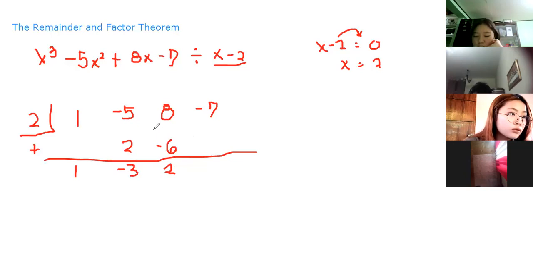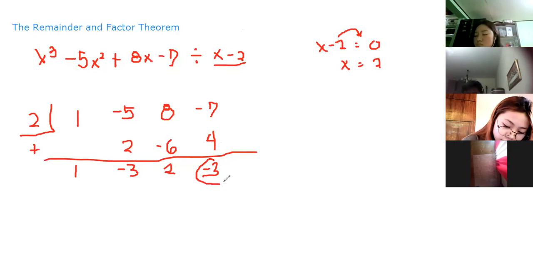Then 2 times 2, that is 4. So, we have a negative 3. So, in remainder, we're going to find the remainder, diba? So, our remainder is negative 3. Okay? Because this is the remainder, this is the constant, this is the x, and this is the x squared, diba? So, we have a remainder of negative 3.